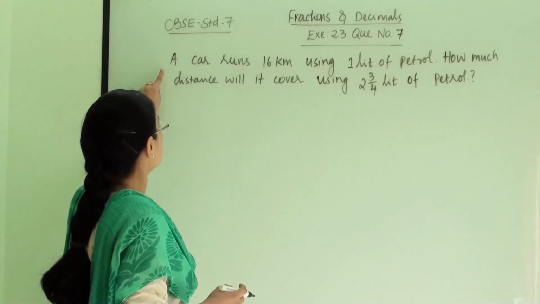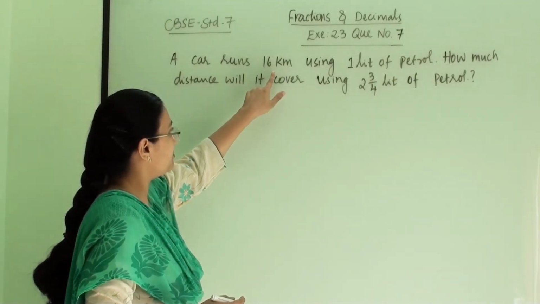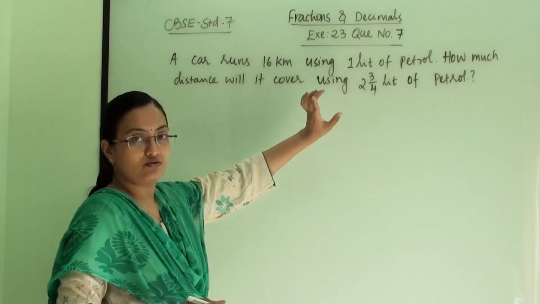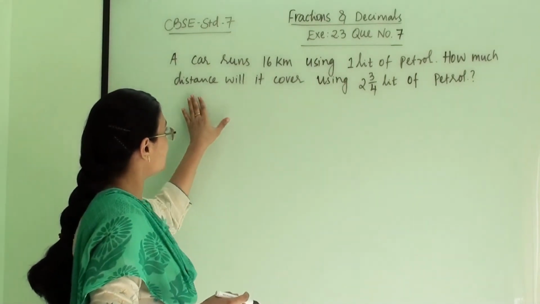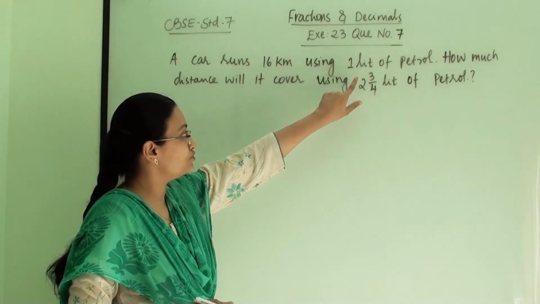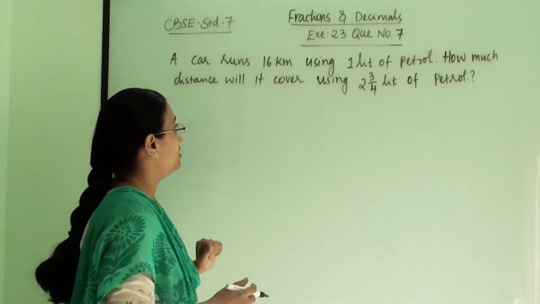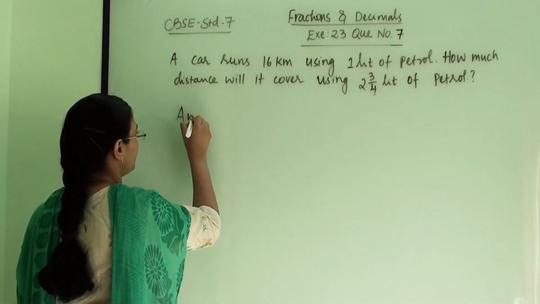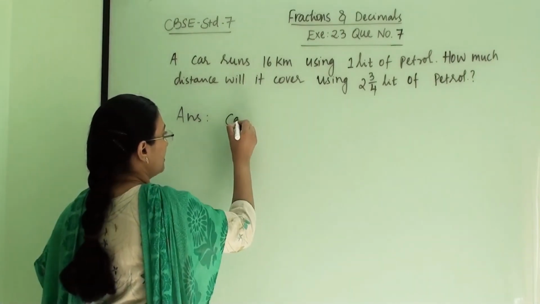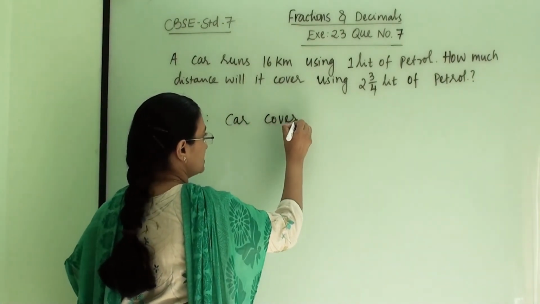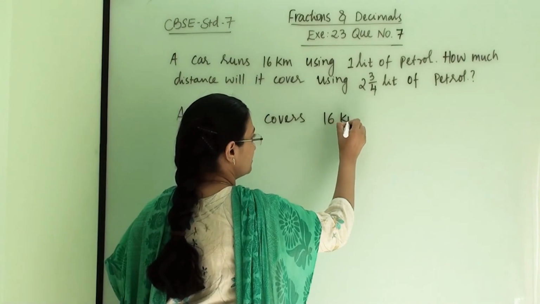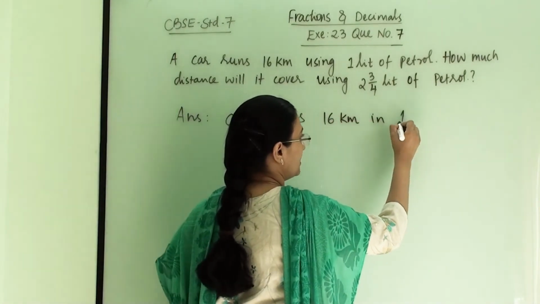So the question is, a car runs 16 km using 1 liter of petrol. How much distance will it cover using 2 3/4 liter of petrol? So they have given us that car covers 16 km in 1 liter of petrol.